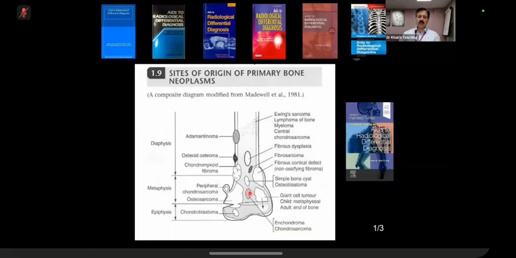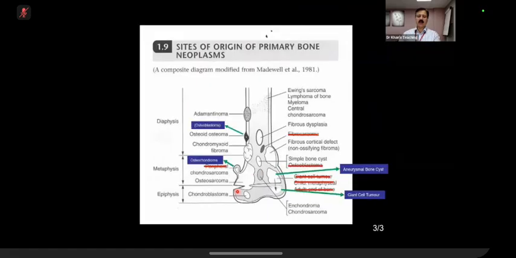But there is another cartilaginous tumor, which is here. And there is a bit of mistake here. The mistake is that this is an osteochondroma actually. It is not written like this. And this osteochondroma or a cartilage cap exostosis can also malignantly transform into a chondrosarcoma. So when I used to teach on this diagram, I used to tell my students to make a few amendments, addendums.